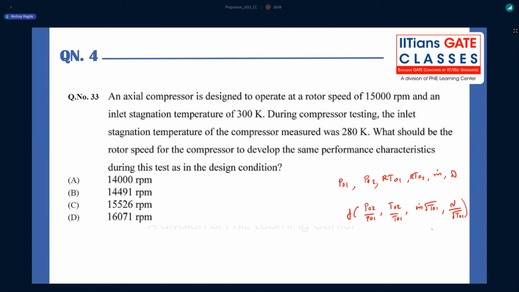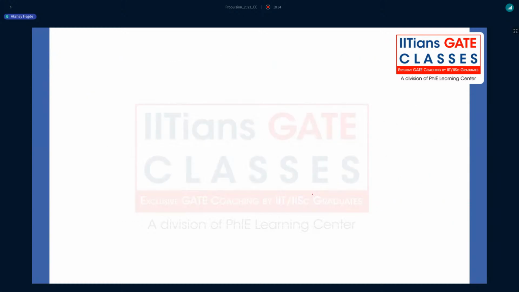Fine. So now, out of this, we are only interested in this parameter which sets the rotational speed for a given inlet temperature, right? In both cases, the only thing we are varying here is the stagnation temperature at the inlet. So if I want to compare, it's much easier.